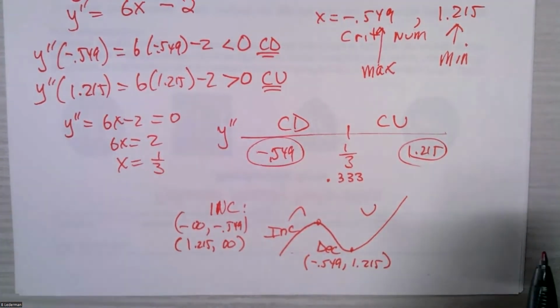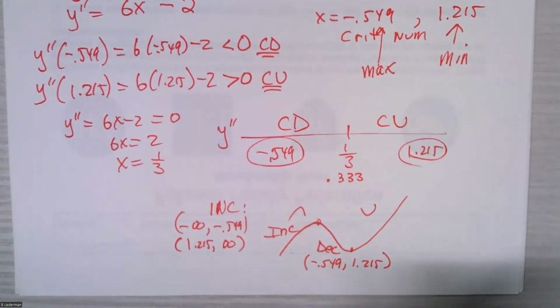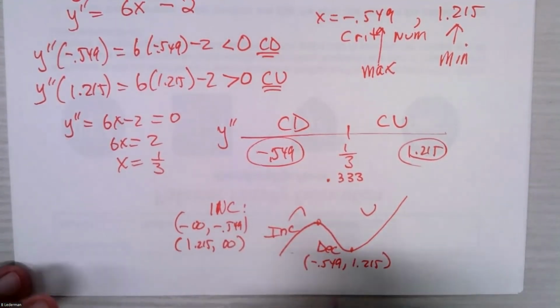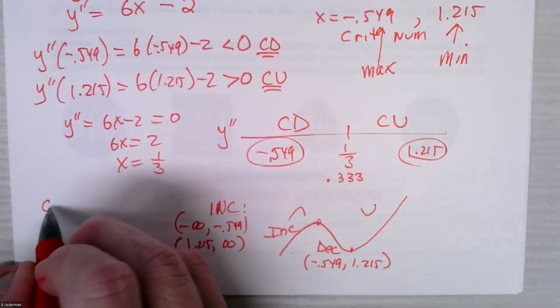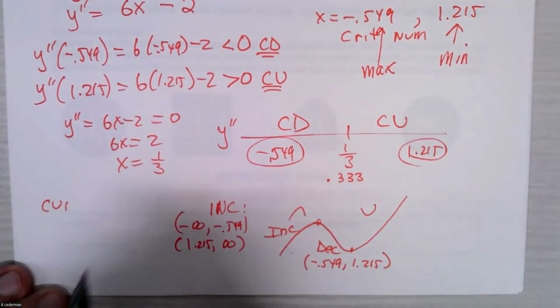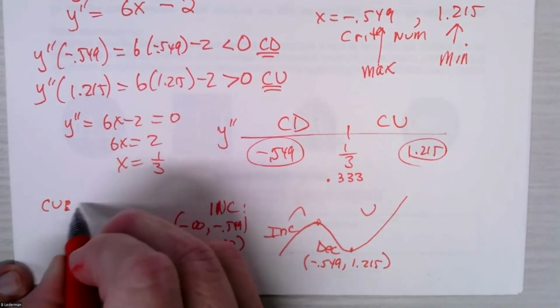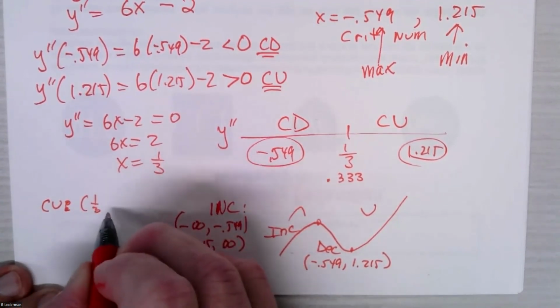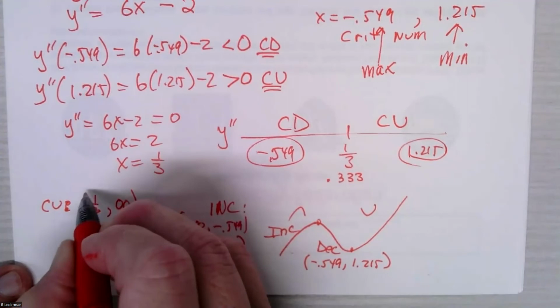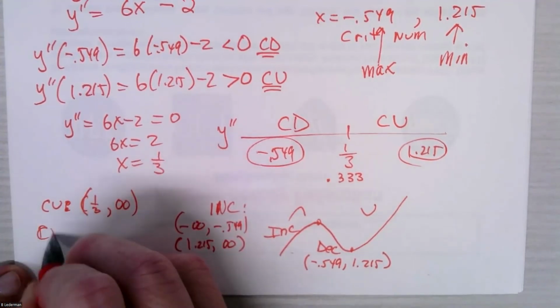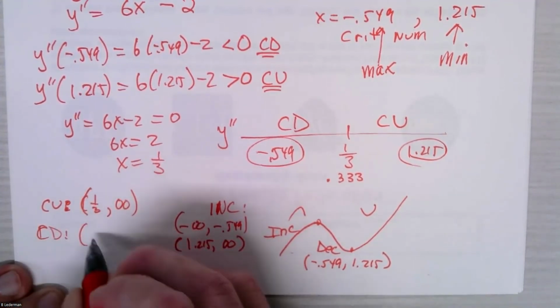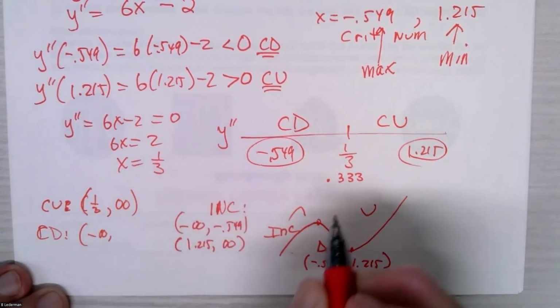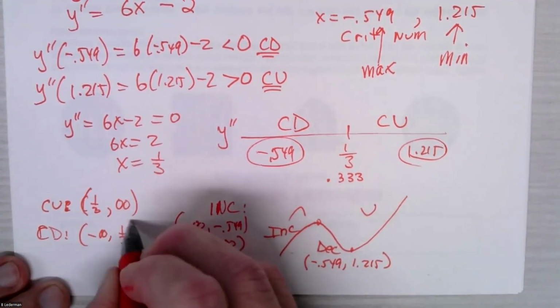Now you could confirm that with the first derivative; in this case, we did it with just logic. And so we know that this is where it's increasing, that's where it's decreasing. It's concave up from 1/3 to infinity, and it's concave down from negative infinity to 1/3.